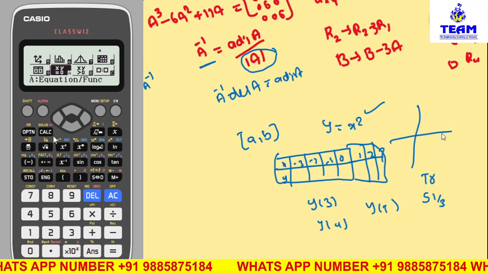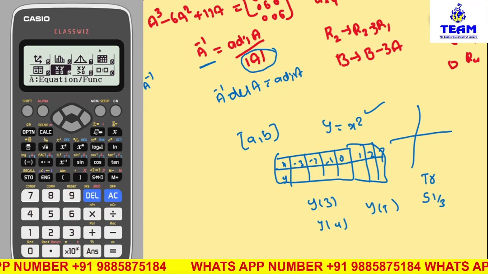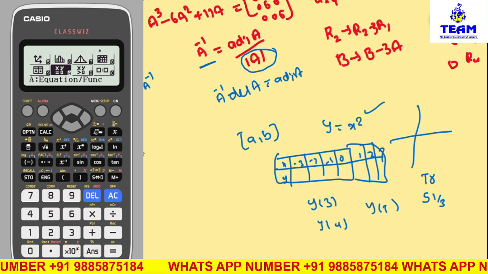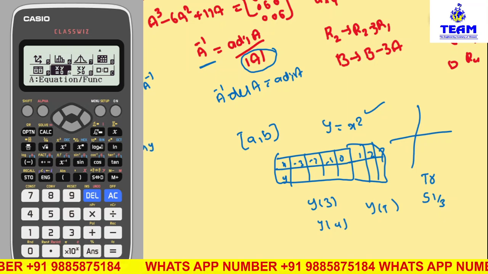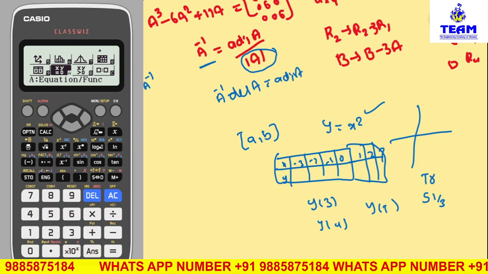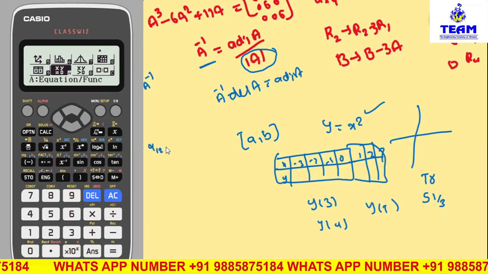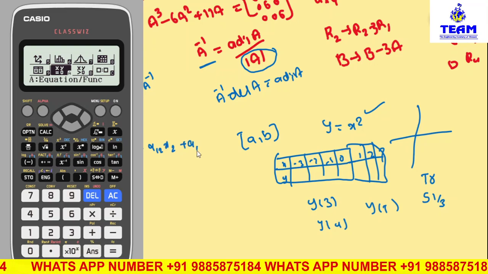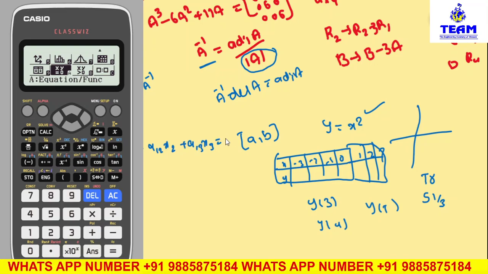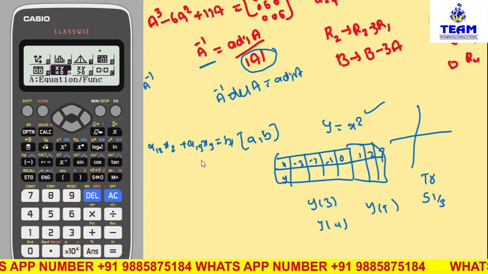Linear systems of equations are there. Do you remember, they will give the equations in this form, a11x1 plus a12x2 plus a13x3 is equal to b1, then a21x1, a22x2, and so on.